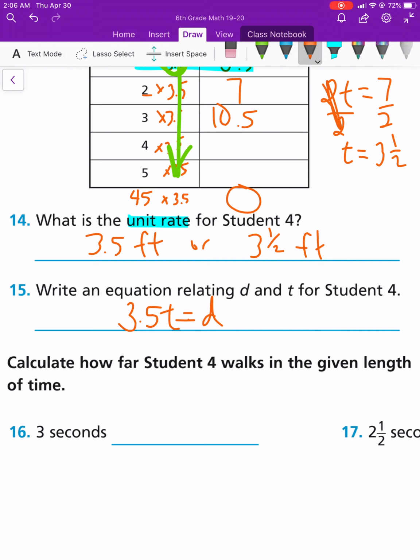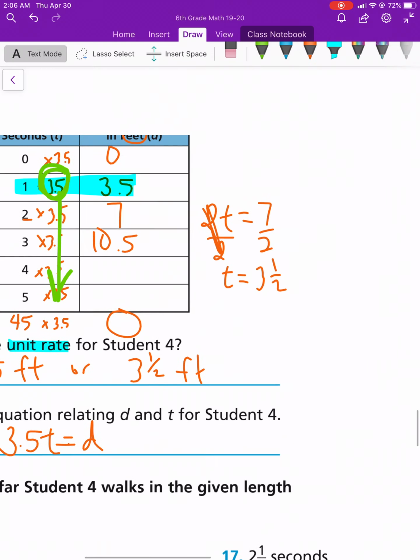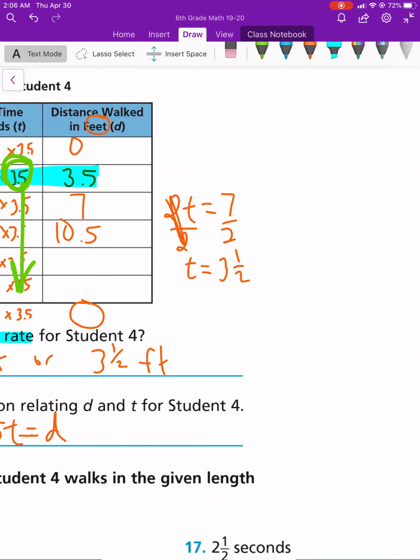Now, I easily could have said that this was my equation. I'll rewrite it, 2t equals 7, because that's what we started with. For every 2 seconds, we travel 7 feet, right?